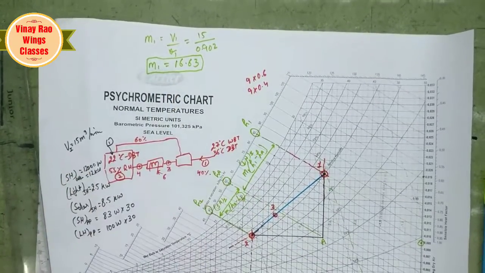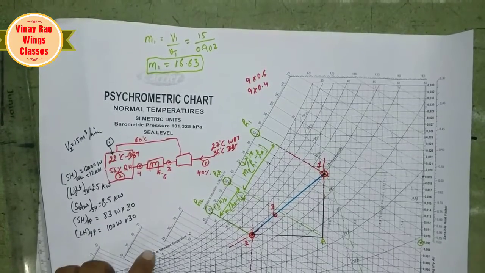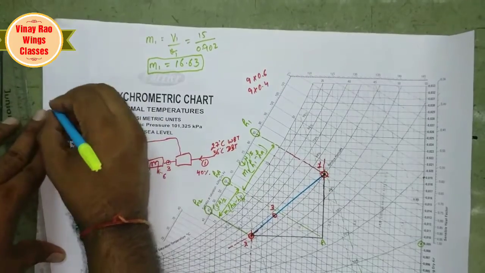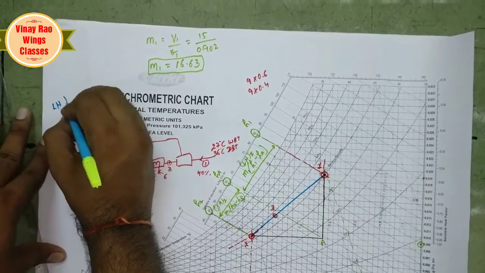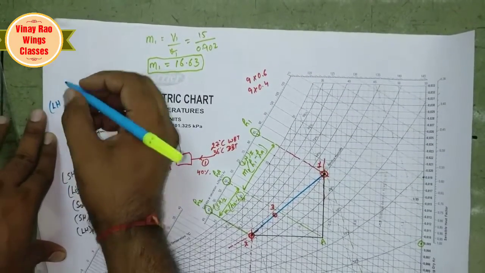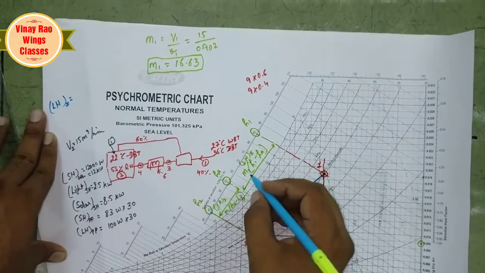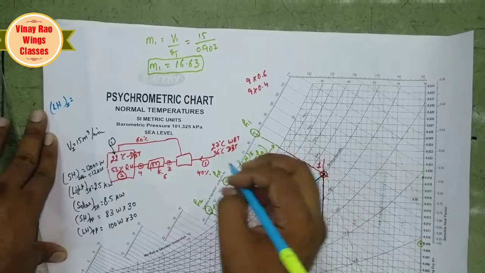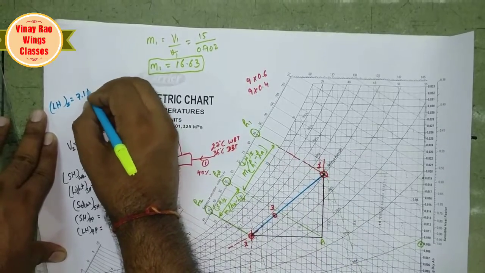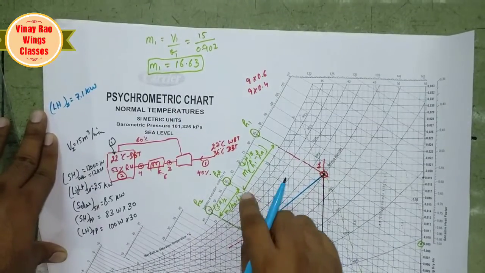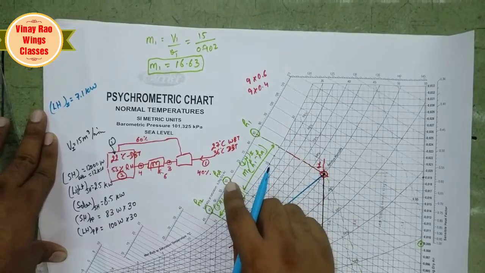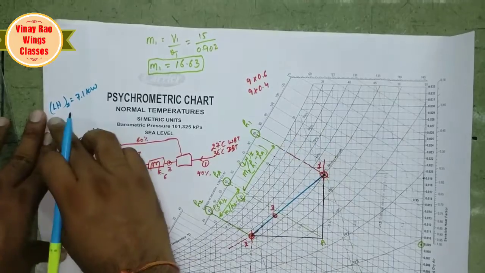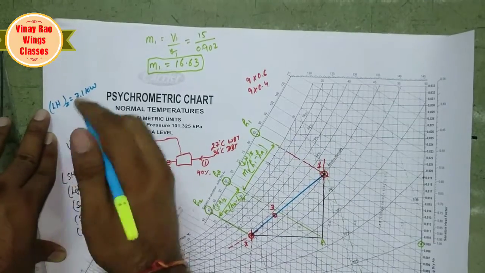After calculating the parameters, the latent heat due to infiltration, which is equal to M1 times H1 minus HA, is 7.1 kilowatt. We have the value of H1, HA, and M1; multiplying gives the infiltration latent heat of 7.1.